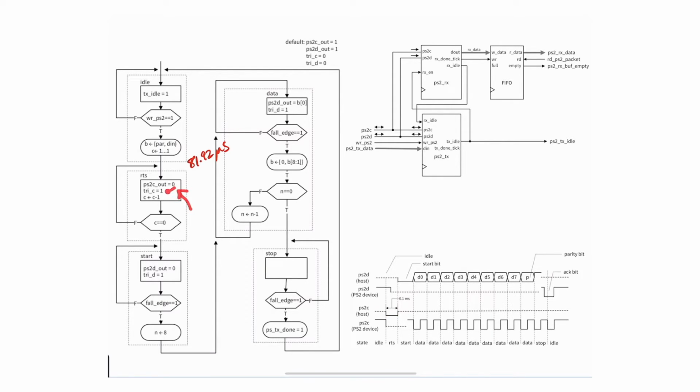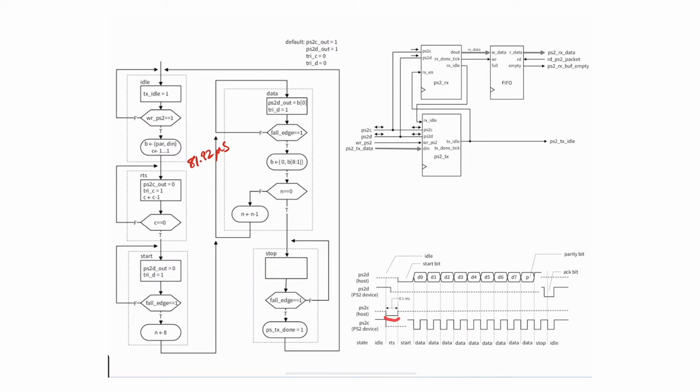We see that the tri-state C is asserted now to 1, which tells me that the transmitter wants to take control of the clock, and it's just going to make it 0 for a short period of time, and that's basically C-1, C-1, C-1. It keeps doing this till all these 13-bit ones go all the way to 0, and that guarantees that particular period of time is happening.